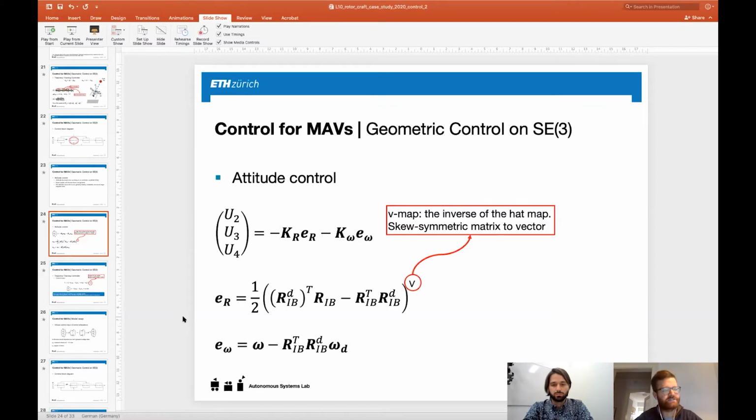So it is kind of similar to the difference of the yaw, pitch, and roll angles if you are just in zero roll pitch, hover. But it works for all other attitudes as well. So you don't have to be in zero roll pitch, but you can also be in any other attitude, and it's always going to give you the smallest approximation of the errors around the X, Y, and Z axes.